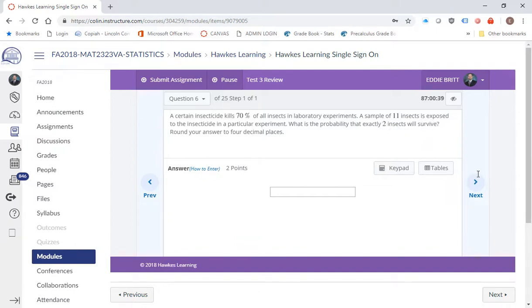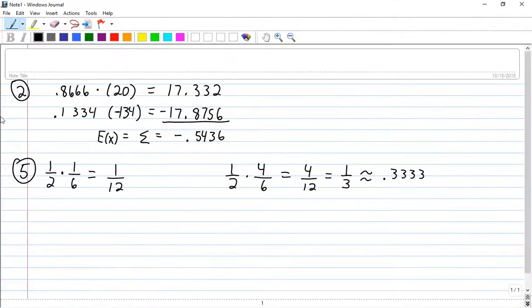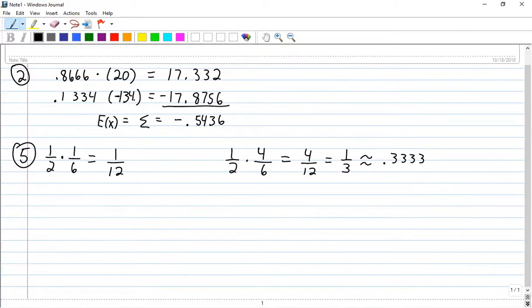So if it kills 70%, that means that 30% survive. And since we're looking for how many survive, that's going to be the probability we're going to use in our formula. So the binomial probability distribution formula, you might want to look at your formula sheet for that.